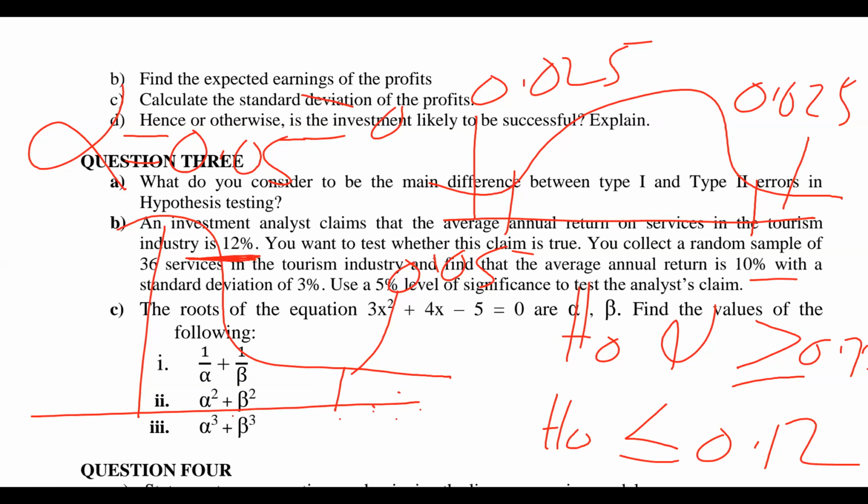The question says, an investment analyst claims that the average, which is the mean, in the tourism is equal. Okay. You got that? Any other question? Or is the questionnaire fine? It's fine. It's clear, sir.